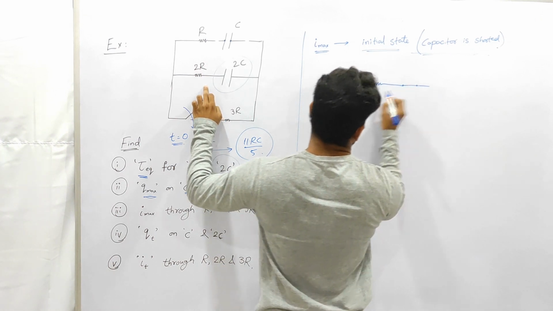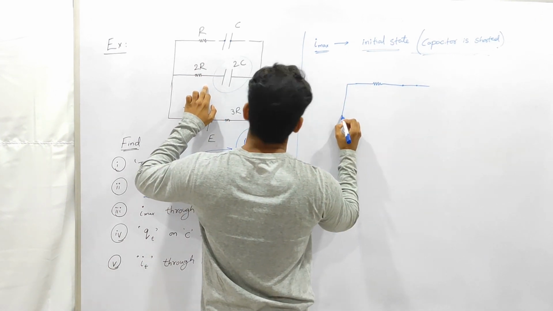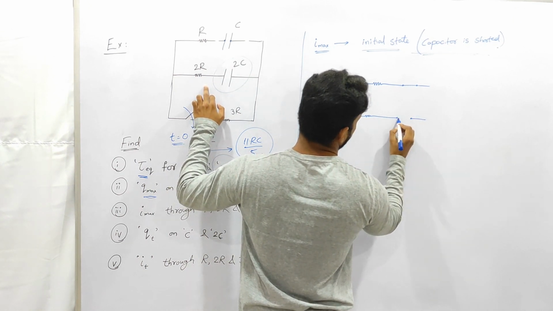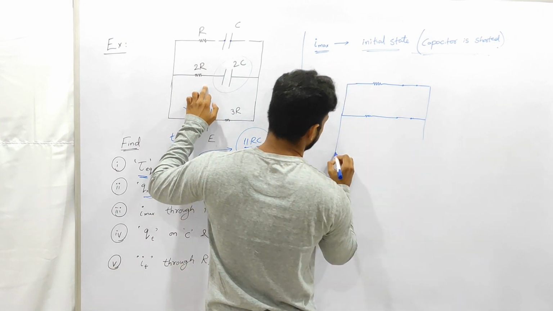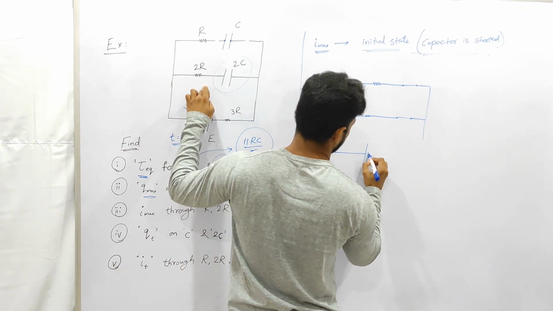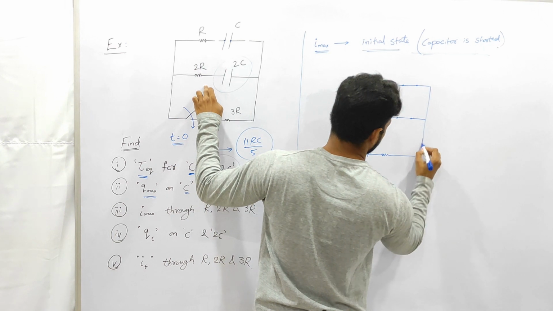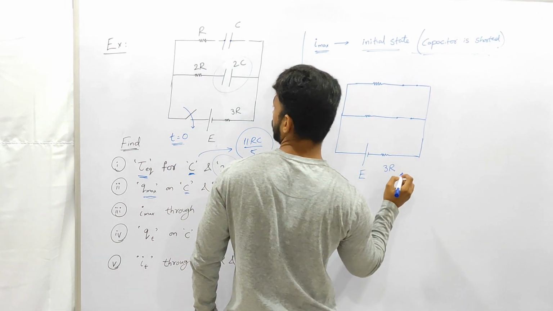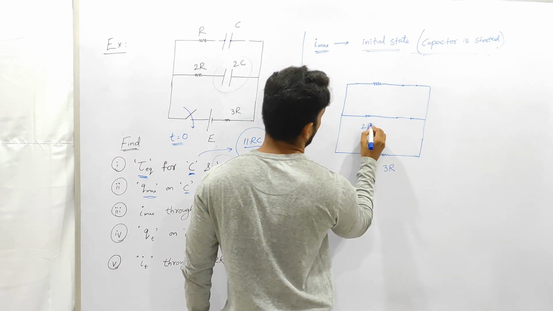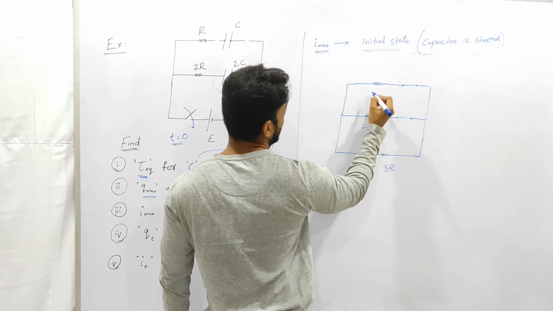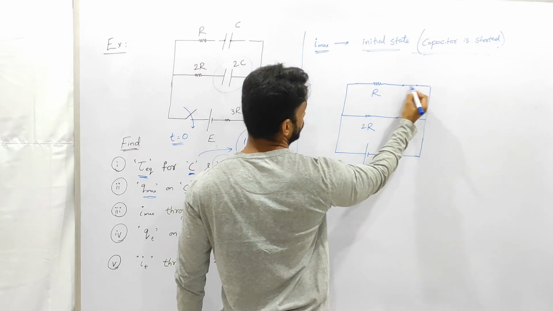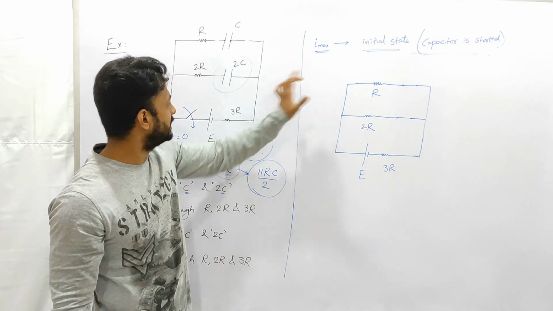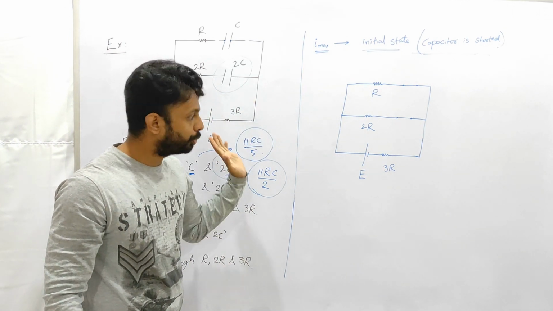This capacitor's plates behave like a short circuit, and here also the capacitor's plates behave like a short circuit. So this is E, this is 3R, this is 2R, and this capacitor is shorted, and this is R, and this capacitor is also shorted. This is how the circuit behaves initially, immediately after closing the switch at t equal to 0.